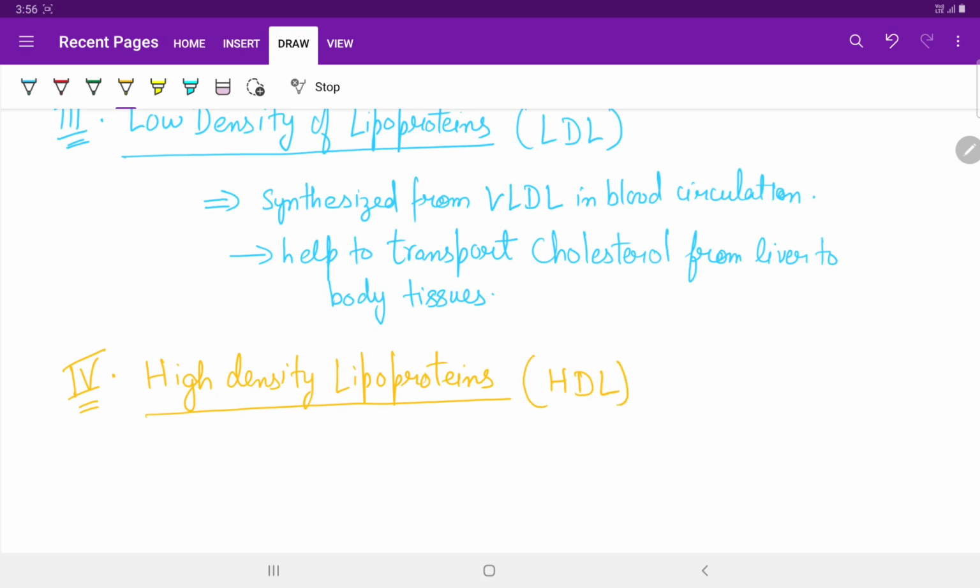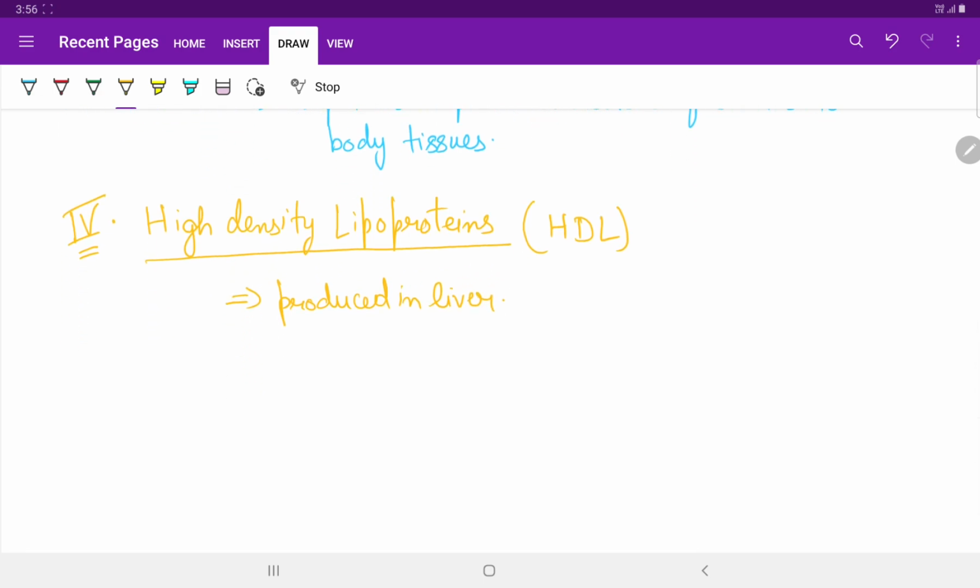They are mostly synthesized in the liver. There are three different fractions of HDL, so they are divided into three different forms: HDL 1, 2 and 3, which can be identified by ultracentrifugation.